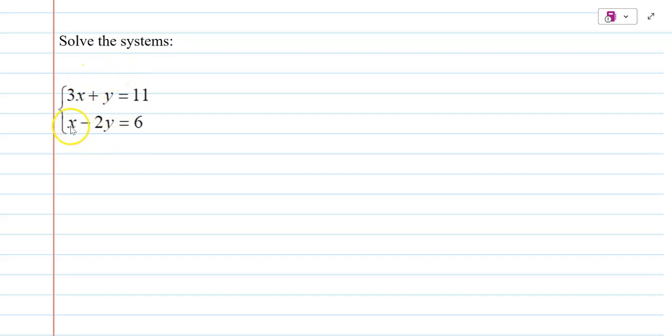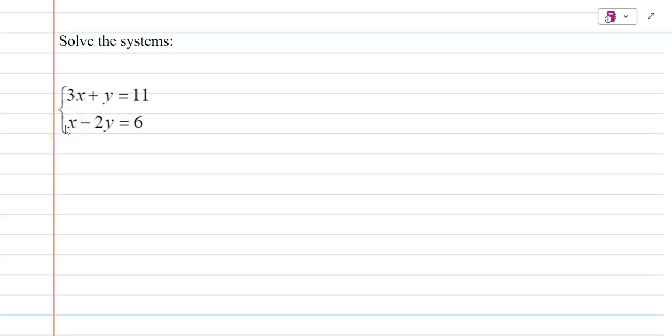So in this case, I'm just going to start with the x. So this is 3x, this is x. I need to be able to eliminate the variable x from both equations. So I have to make sure that this x has the same coefficient as this one. Then that way I can either subtract or add. So in this case, I'm just going to do subtraction.